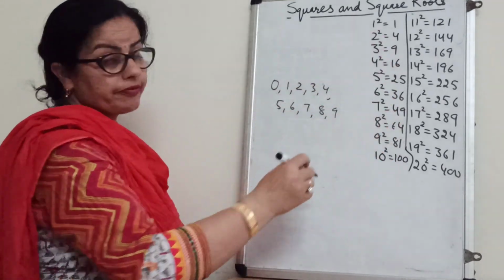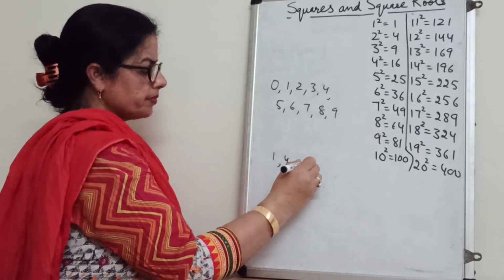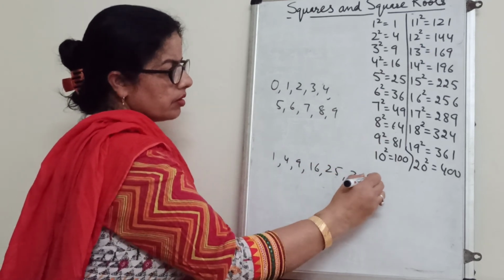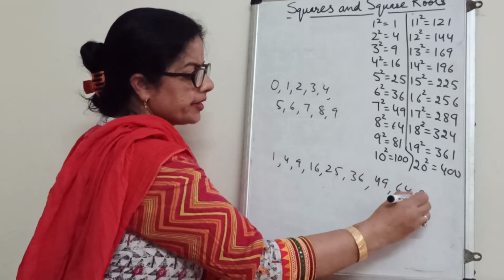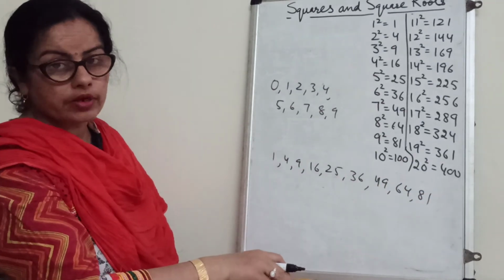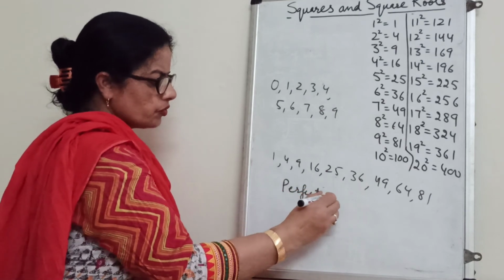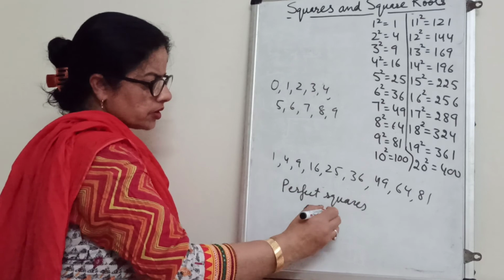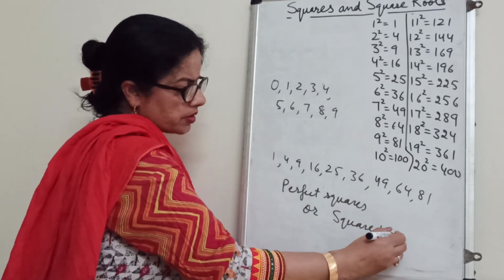These are our perfect squares, which are 1, 4, 9, 16, 25, 36, 49, 64, 81. We can say perfect squares, or we can say square numbers.